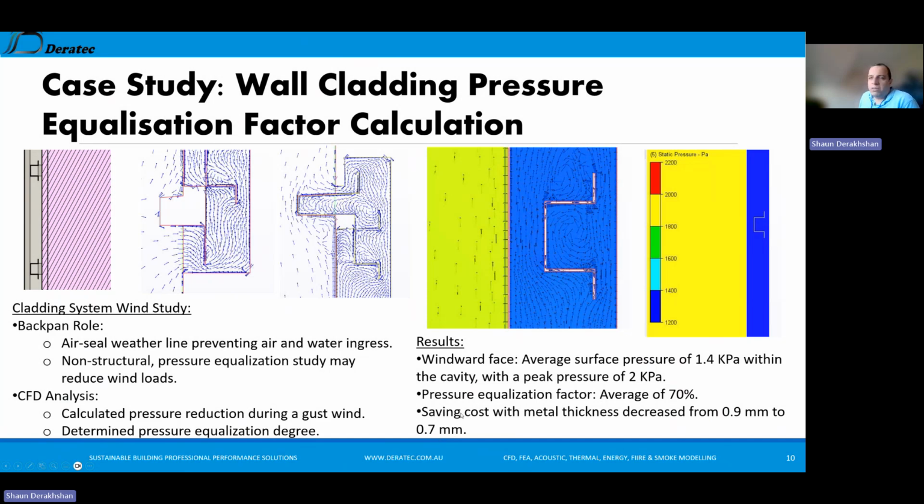Okay, 0.2 millimeters is maybe nothing from just an initial view, but imagine one big tower, a hospital, a very big building. Imagine the vertical is 40 meter, 50 meter, and then around is maybe 1 kilometer, 500 meter, and how much difference in cost and also installation, because of lighter material.